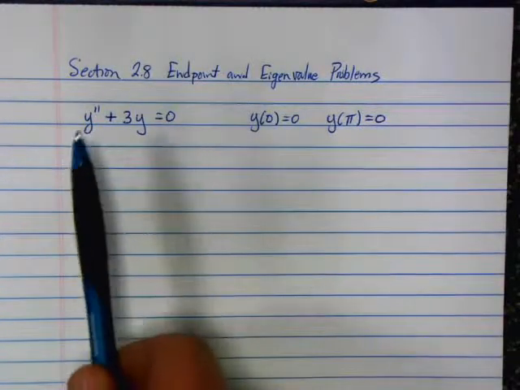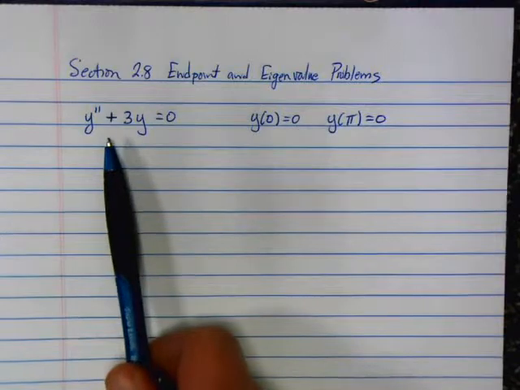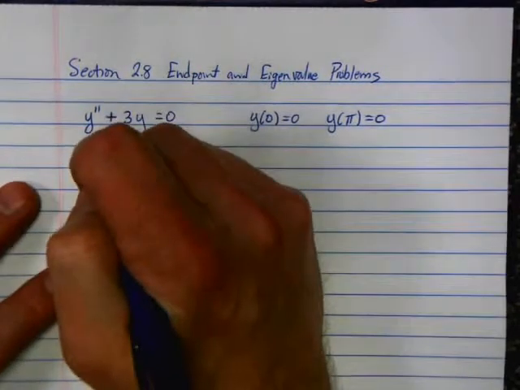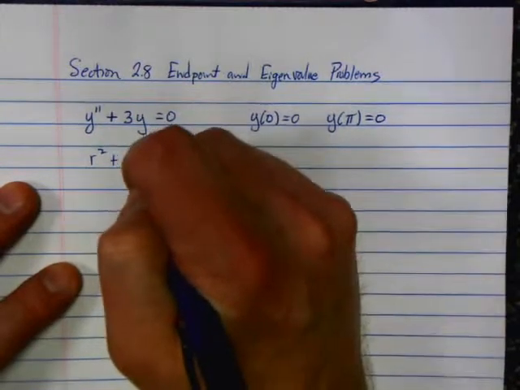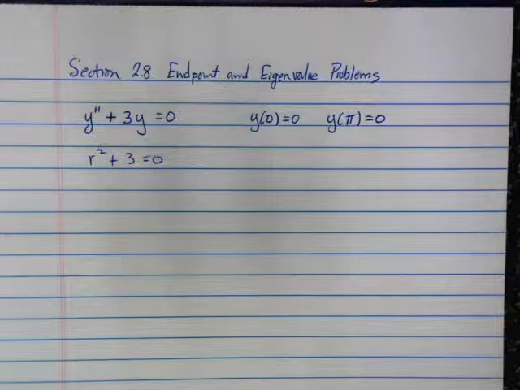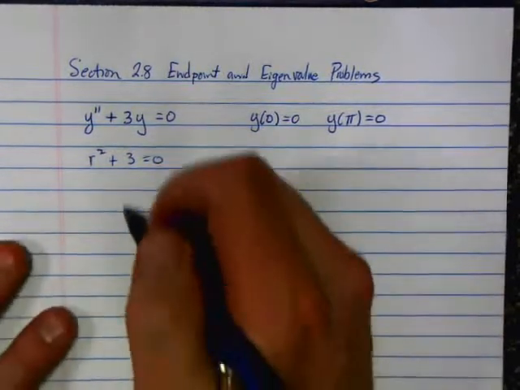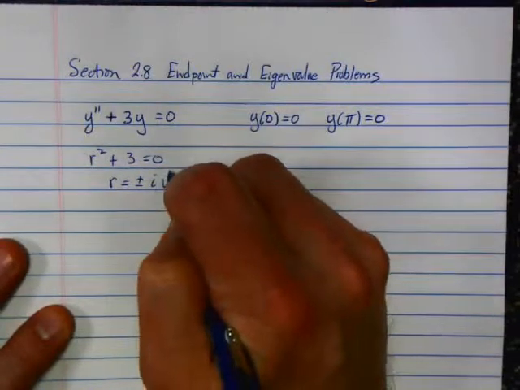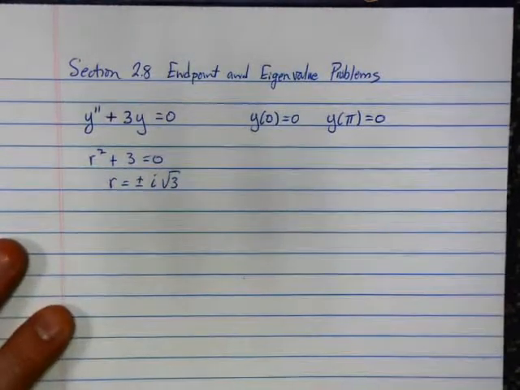All right, well, how do we solve? R squared plus 3 equals 0. So r is plus or minus i square root of 3, not just 3i. You got to do square roots there, right?